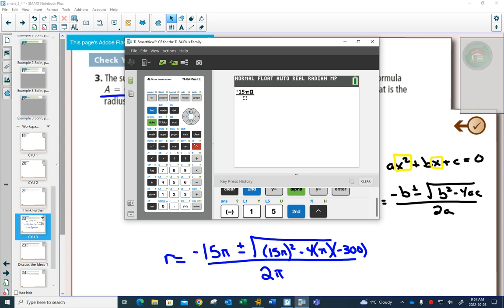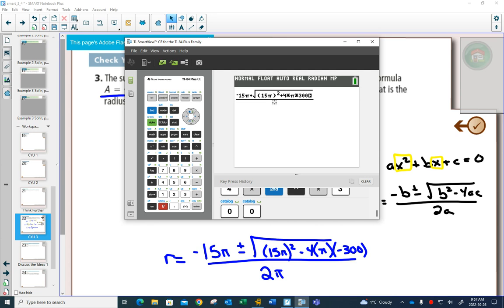I'll do one with the plus sign, plus square root of bracket 15 pi bracket squared minus, I might just put a plus sign. Sometimes I do a little bit of mental math. Can you see minus times a minus is going to be plus? So we're going to get 4 times pi times 300. I used the times button instead of brackets.